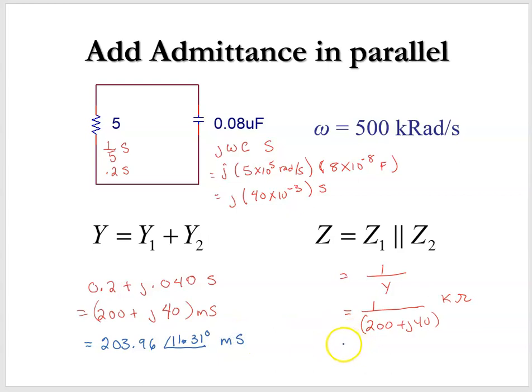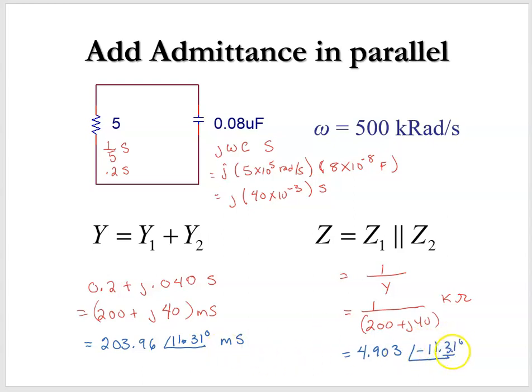So 1 over that is equal to 4.903 angle negative 11.31 degrees.